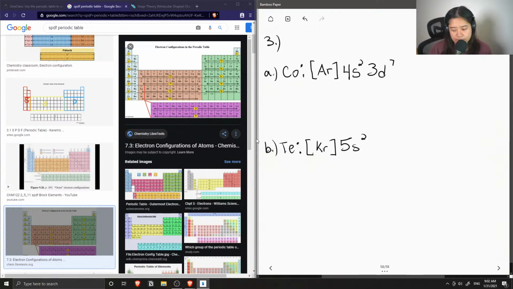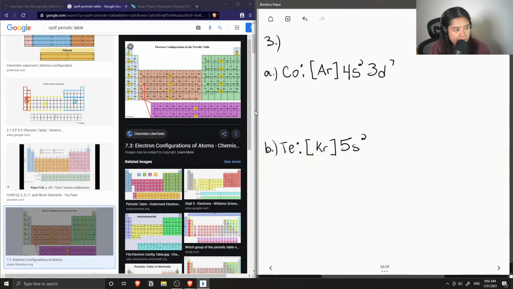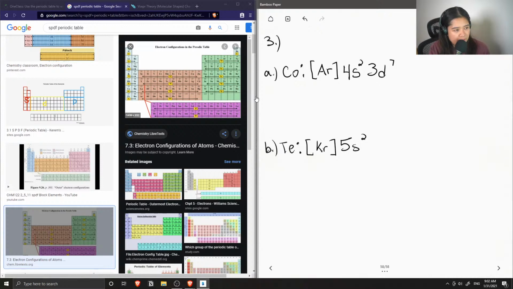And then you can see here that the f block is kind of inserted in the middle, but we don't have to worry about that since that's in the next row. And we would just continue on. Oh, tellurium's found right here, sorry.